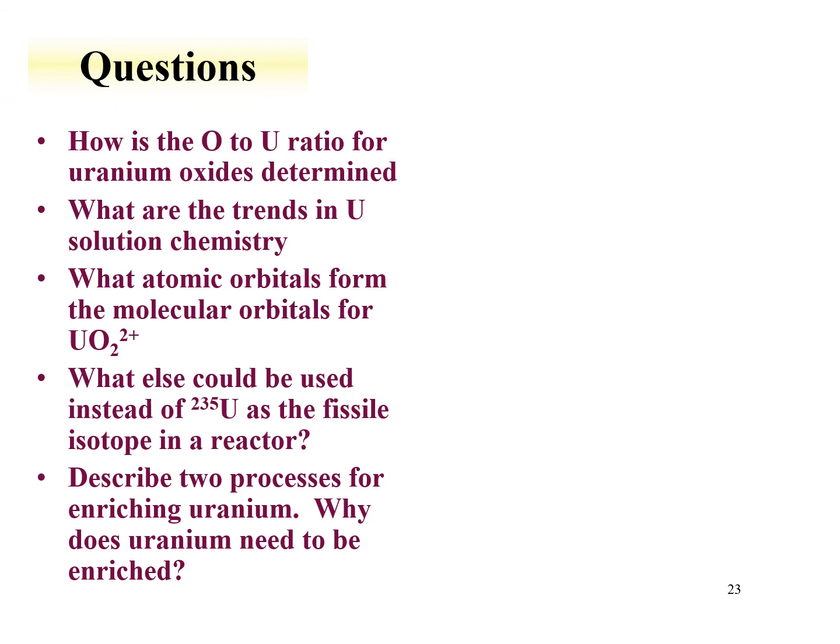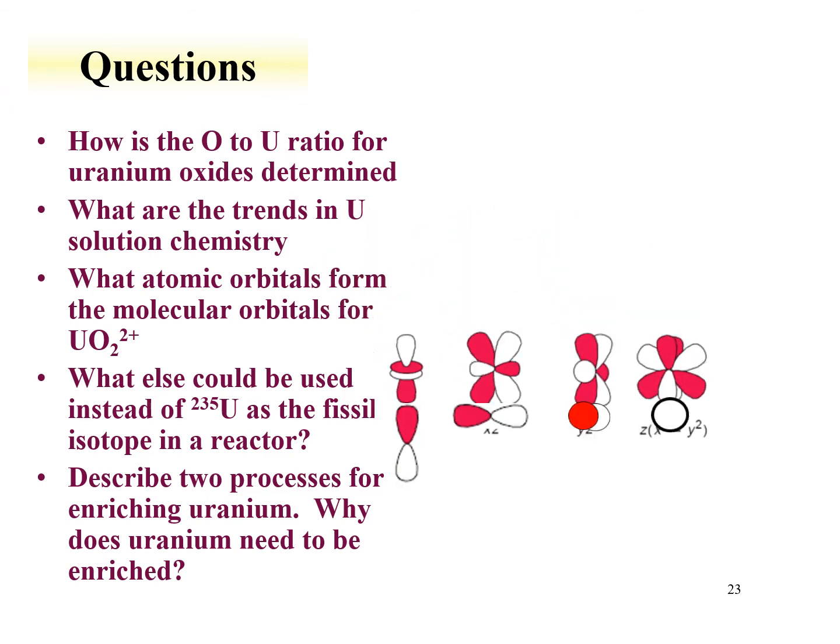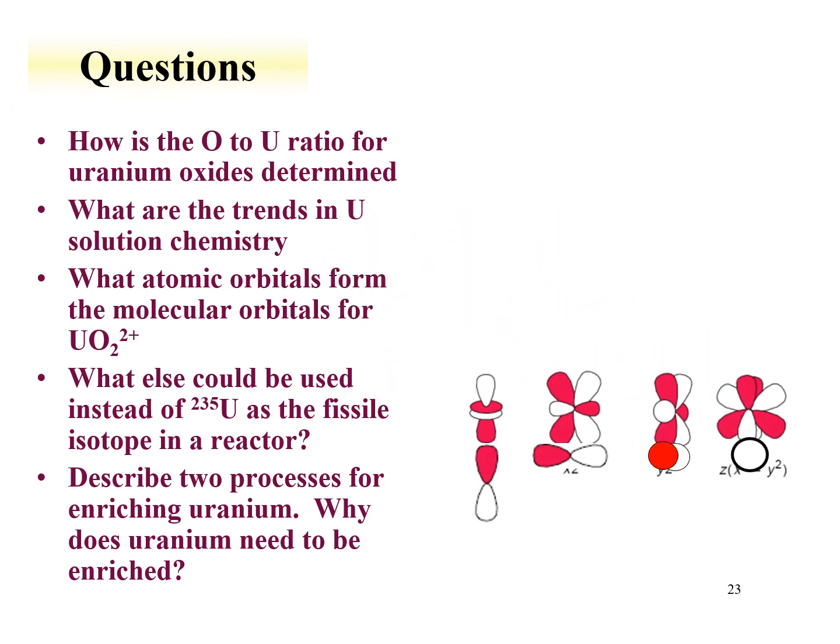What are the atomic orbitals that are used to form molecular orbitals for UO2? Those are shown here. These are just the F electron orbitals that have overlapping with the PZ, the oxygen P orbitals, and the oxygen S orbitals.